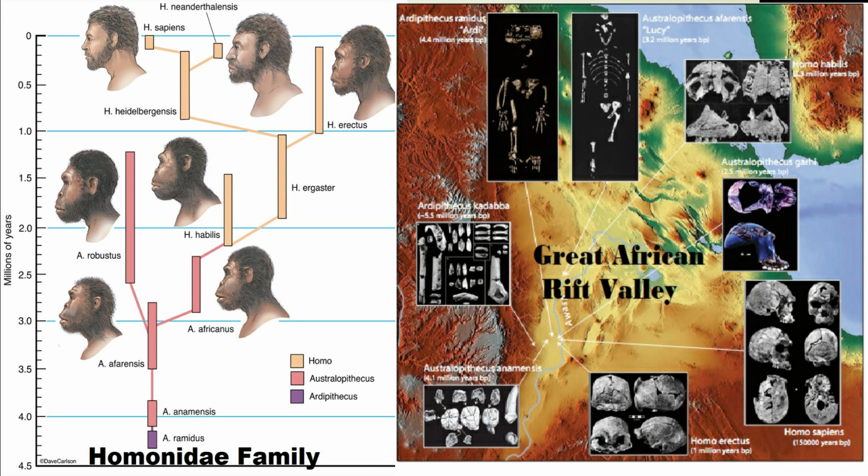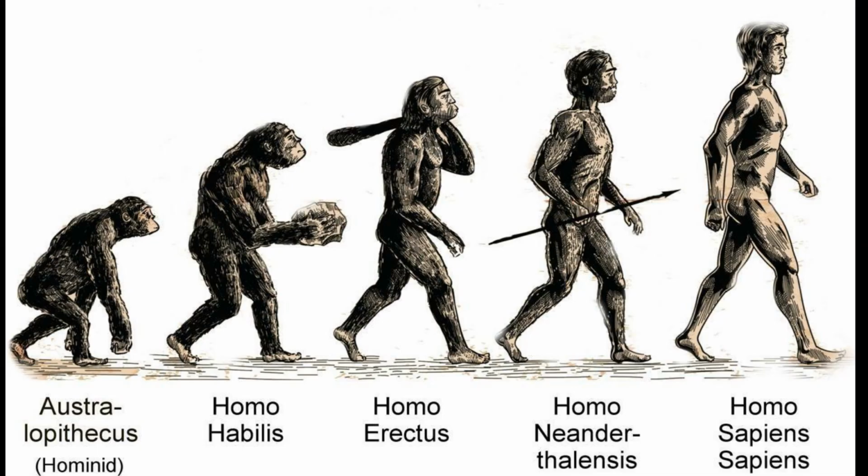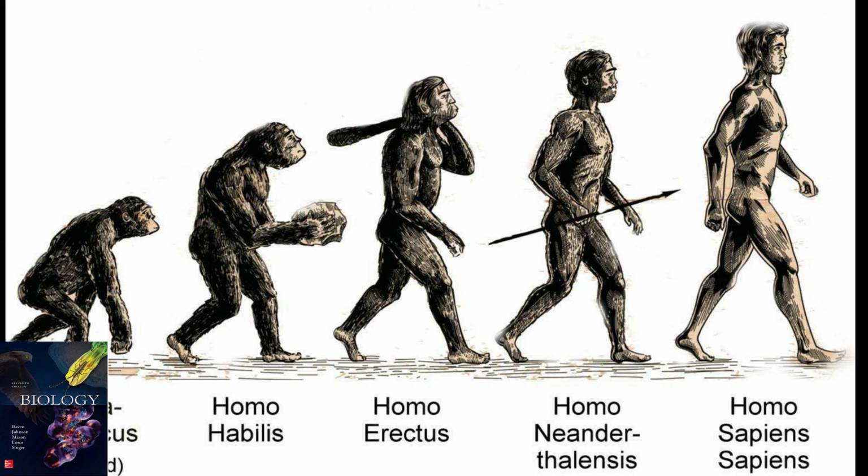There were limited resources available to the early hominid population, and there was stress of predation from big carnivorous animals, and man, for its protection, started the process of bipedalism.